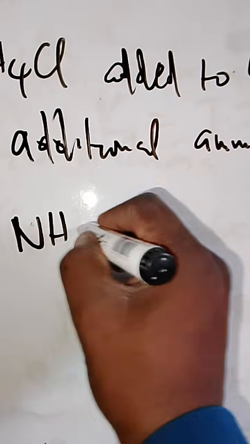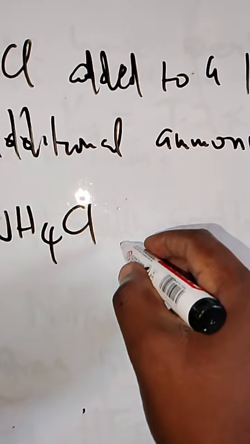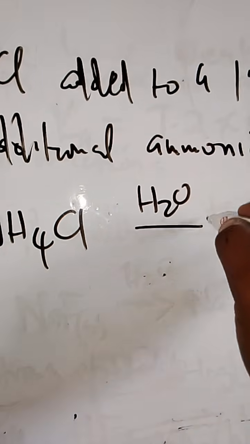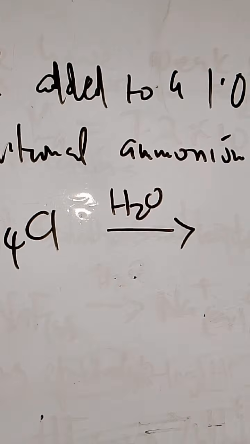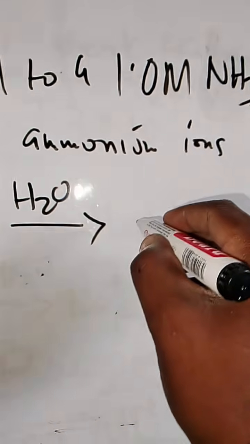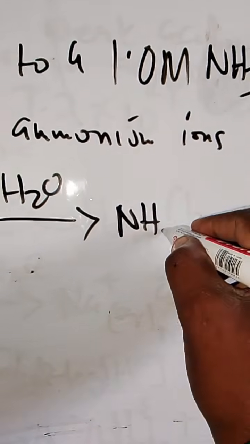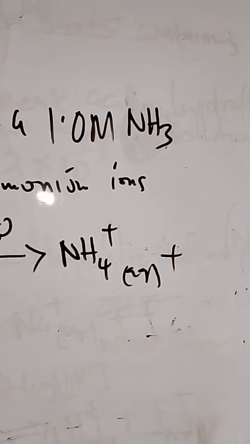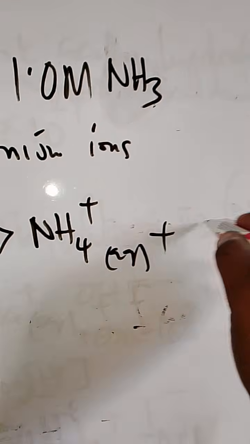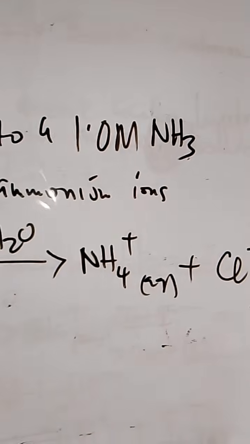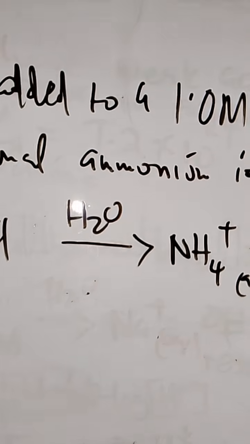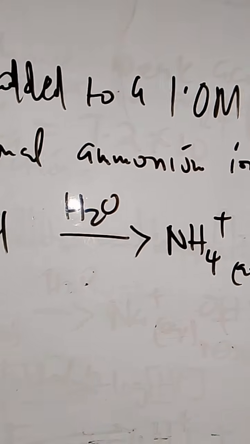Okay, so this one can dissociate as follows: ammonium chloride, plus water, will give us ammonium ion plus chloride ions.